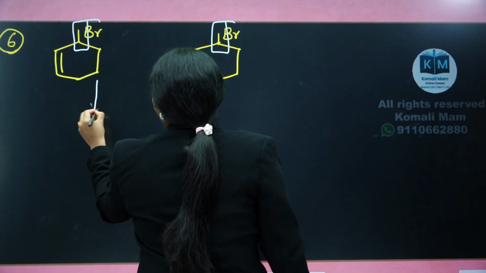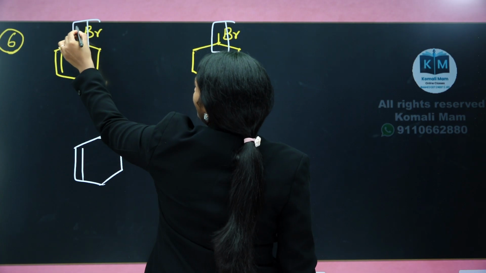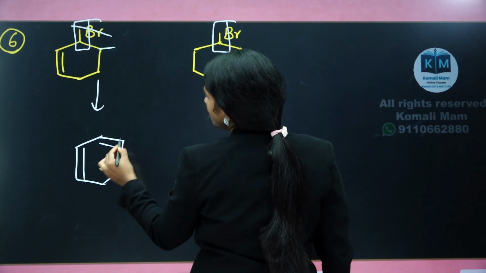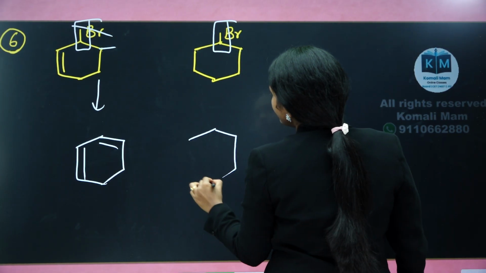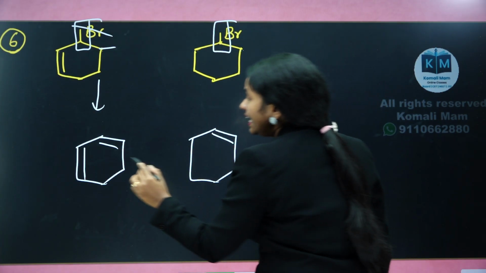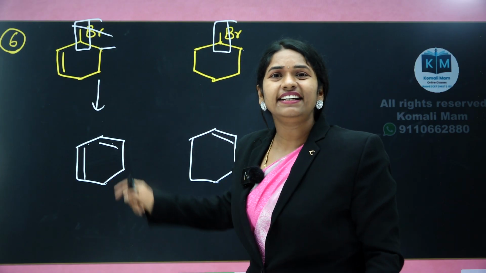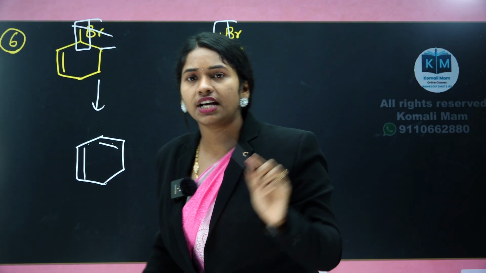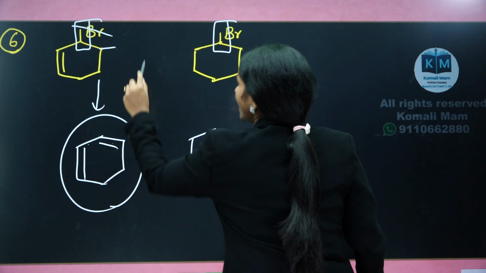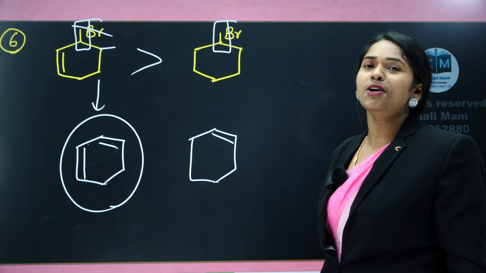Let us see. Remove this Br, remove this hydrogen, put a bond. Now in this case, remove this Br, the next hydrogen, put a bond. In this case, pi, sigma, pi. A conjugated diene is possible. That's why this is more reactive, because conjugated dienes are more stable.